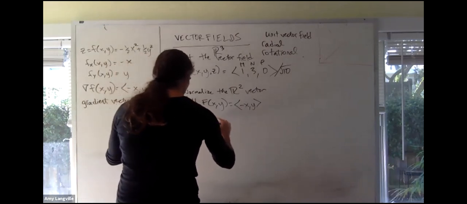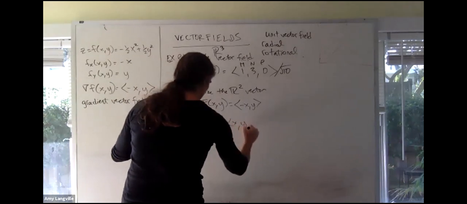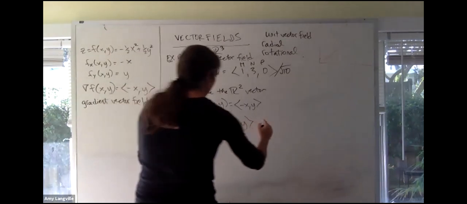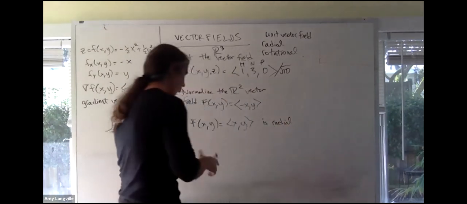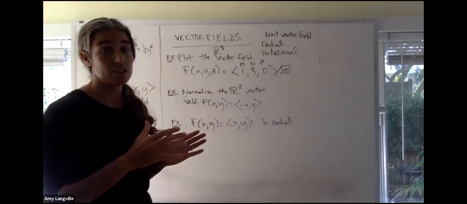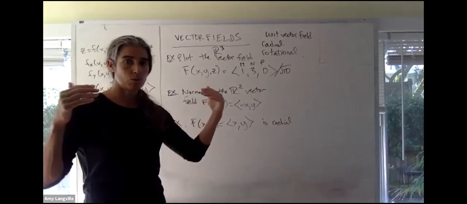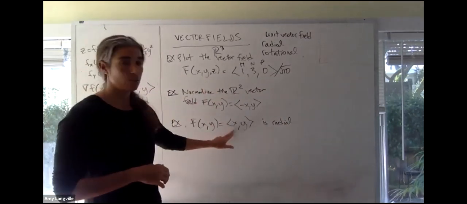The R2 vector field x, y is a radial vector field because its vectors radiate, they can either radiate away from the origin or towards. In this case, they're going to go away.